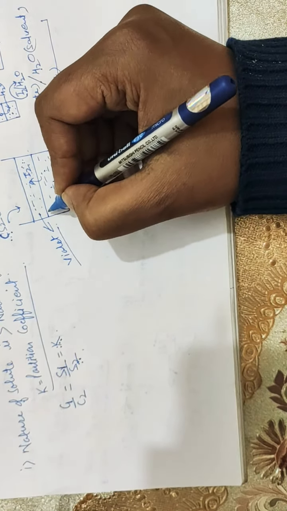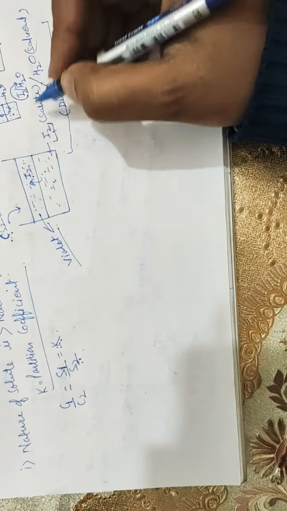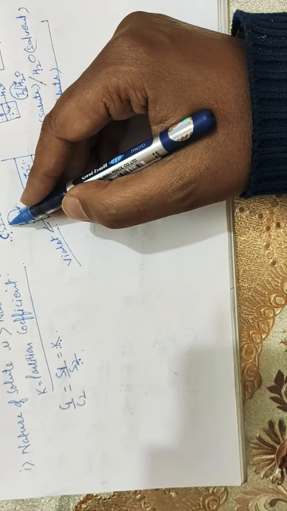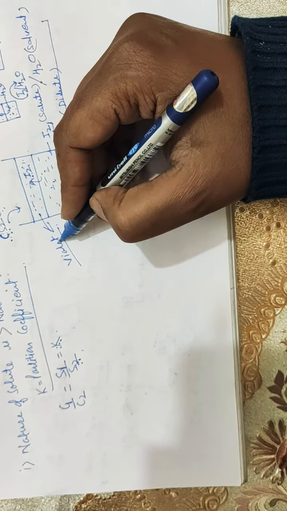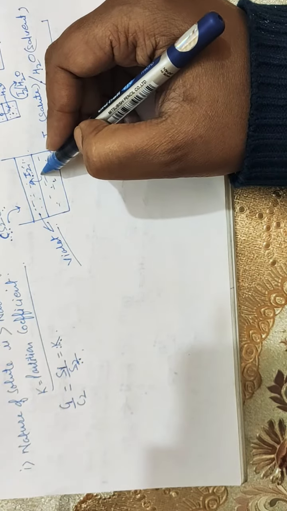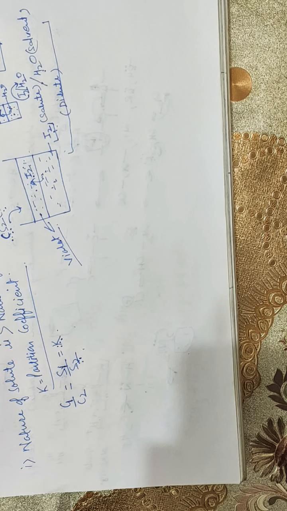So this shows that there is a distribution of iodine between water and carbon disulfide. Why does this colorless carbon disulfide change to violet? Because of the presence of iodine that comes from the iodine in water solution to this carbon disulfide. So this indicates the distribution of iodine in carbon disulfide and water.